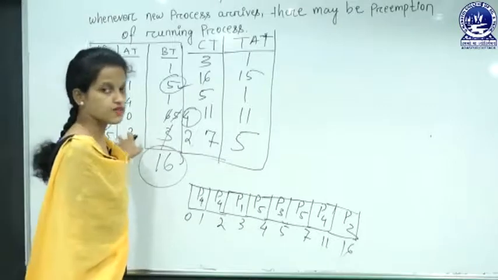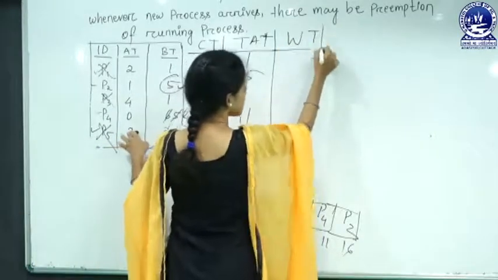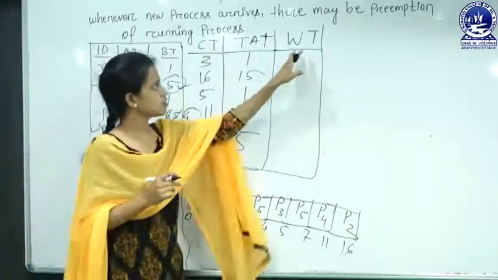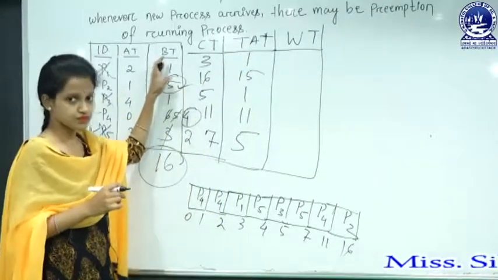Let us find the waiting time. Waiting time is turnaround time minus burst time.